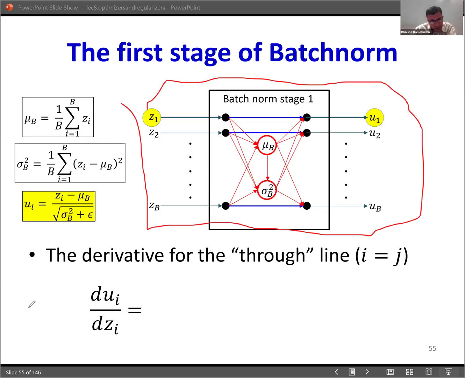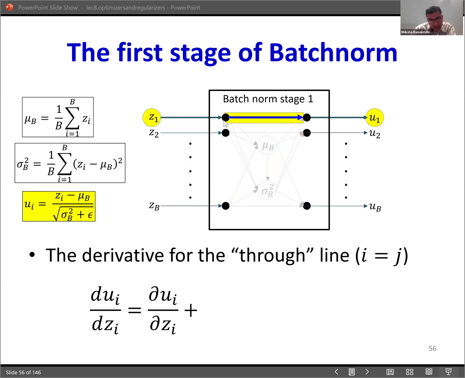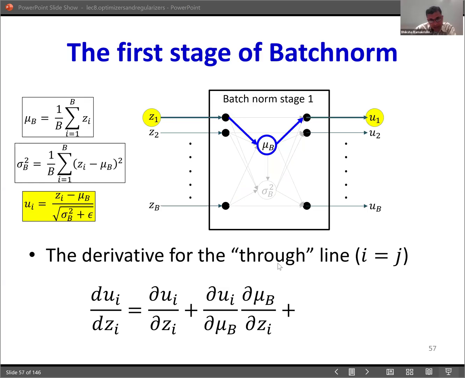Once you draw the picture, the math becomes very easy. The derivative of u with respect to z must sum over all incoming paths that connect z to u. There's one direct path, which gives you the derivative of u with respect to z. Plus there's the second path, from z to mu and mu to u, so the derivative is the derivative of u with respect to mu times the derivative of mu with respect to z.